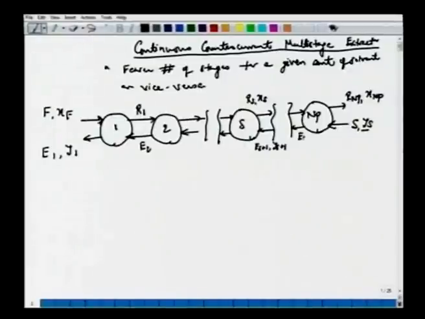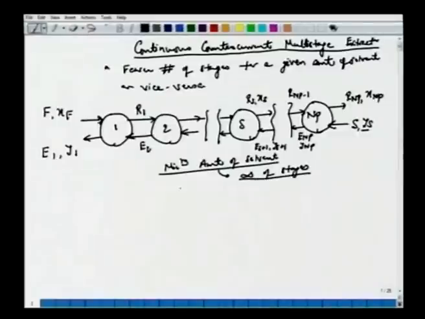Similarly, this should be ENP, YNP, and here we have RNP minus 1. So this is what we have here. And we want to find out what is the minimum amount of solvent. So this is the amount of solvent which will give us infinite number of stages.